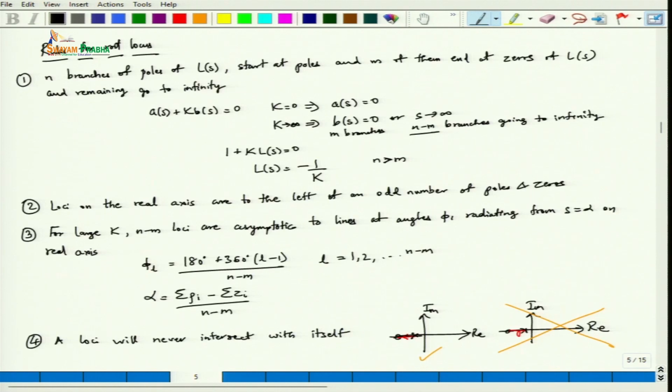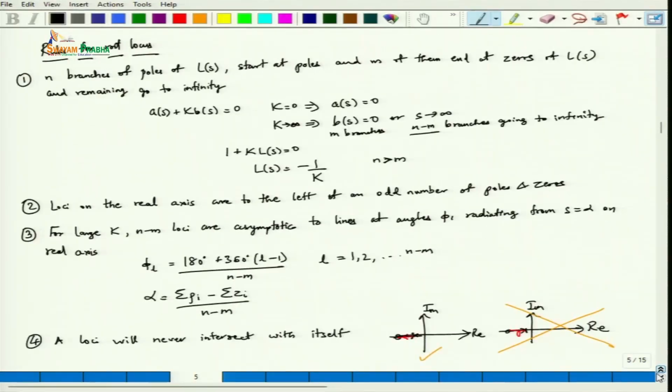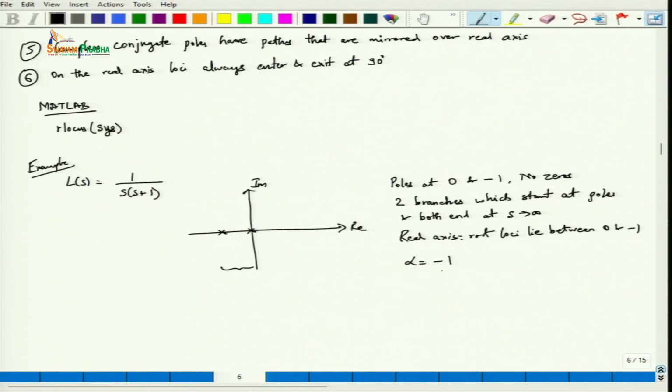In this case we have n minus m is equal to 2, so there will be asymptotes. We first find the value of alpha, which is the summation of all pole locations, which in this case is -1, minus the summation of all zero locations, which in this case is 0, divided by n minus m, which is 2.